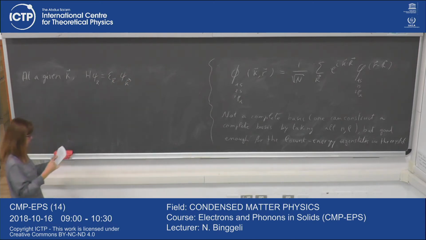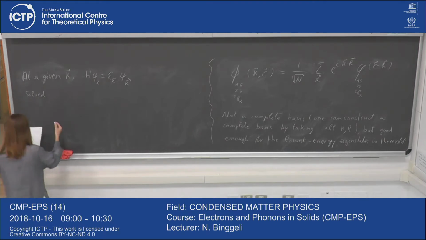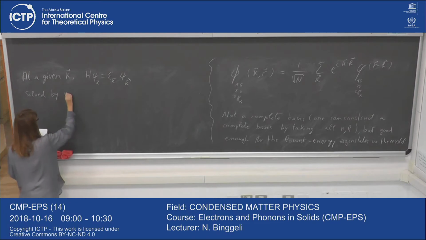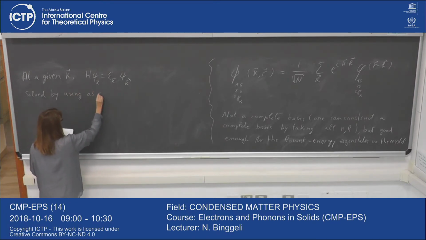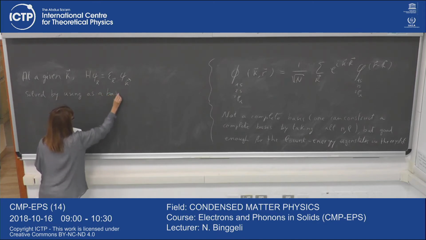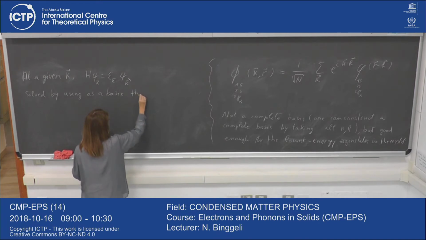So I need to solve the Schrödinger equation, and I will solve this by using my tight binding basis, the tight binding functions.